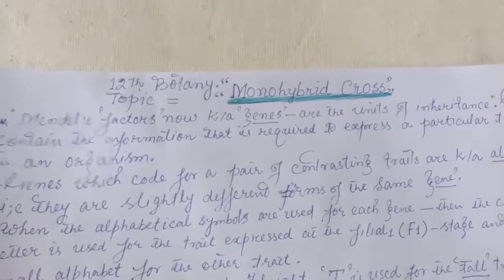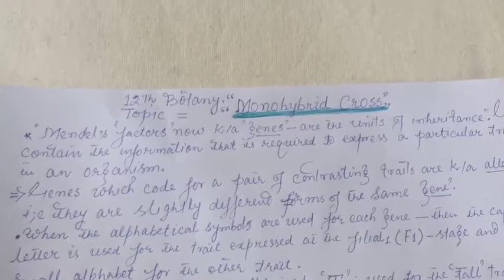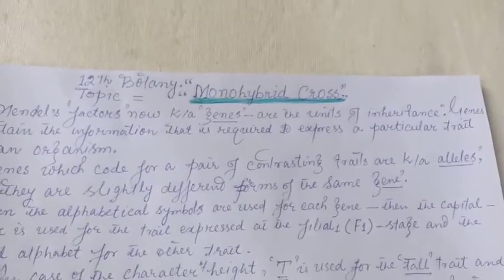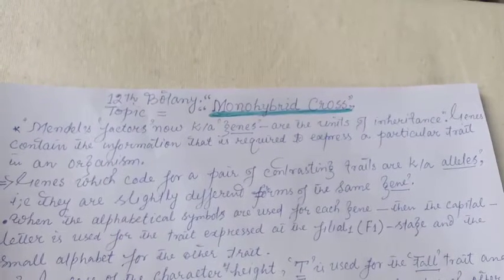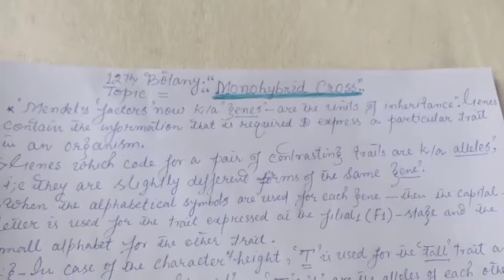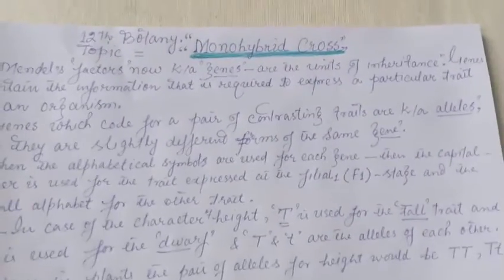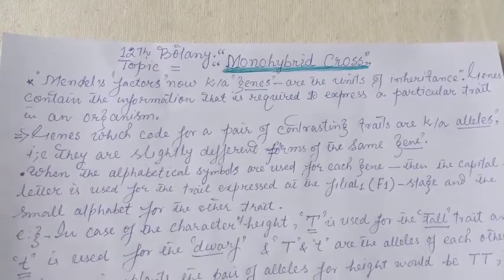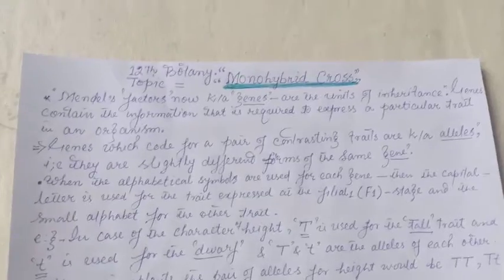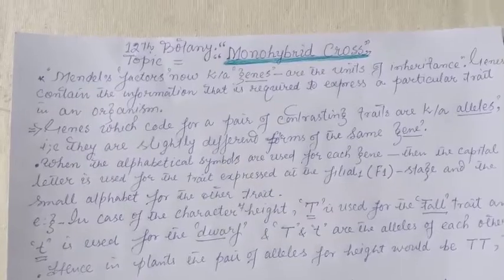The genes which code for a pair of contrasting traits are known as alleles. That is, they are slightly different forms of the same gene. When alphabetical symbols are used for each gene, the capital letter is used for the trait expressed at the filial 1 or F1 stage, and the small letter for the other trait.